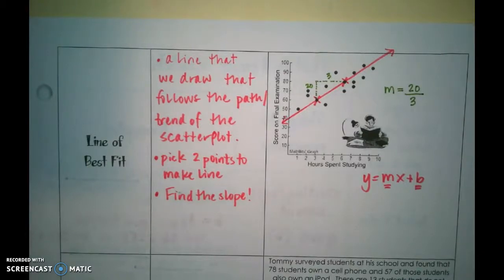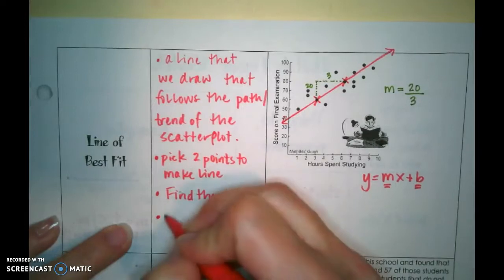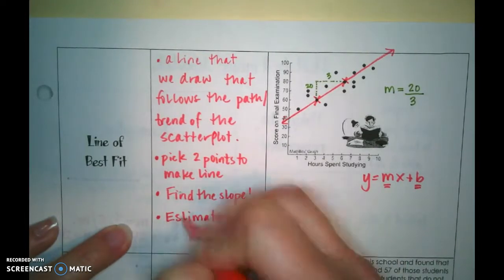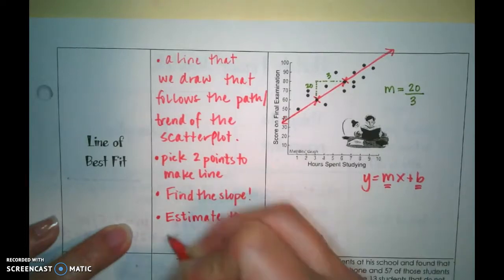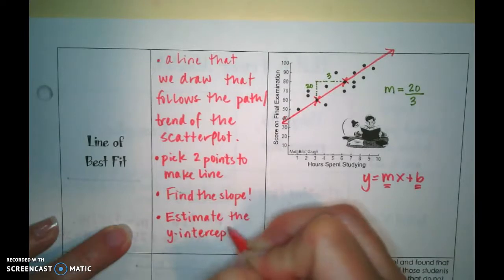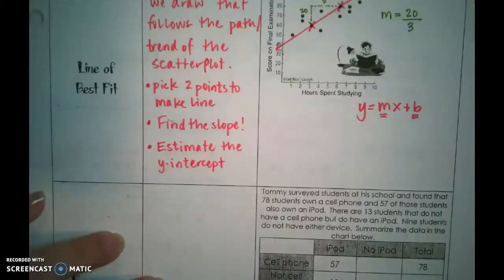All right, the next thing that we're going to do is estimate our y-intercept. Now, what that means is that we want to look at where our line crosses the y-axis, because that's what the y-intercept is.